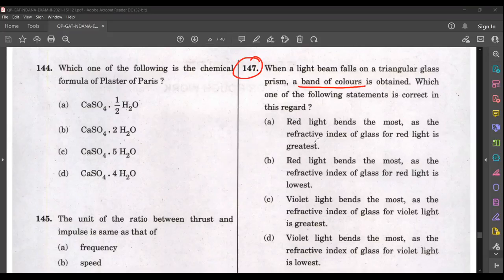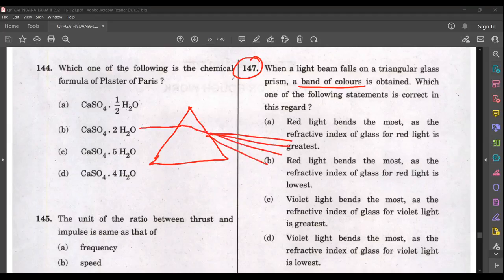Then they have given some observations. Before reading these, what phenomenon are they trying to explain? That is nothing but dispersion, isn't it? A light ray falls on a glass prism, and dispersion happens.